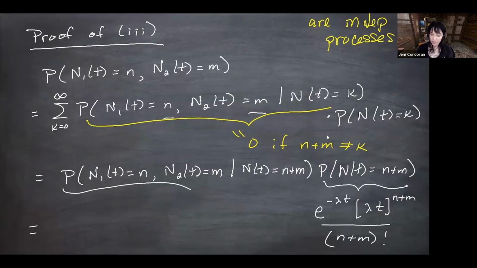And the rest of it: the events are arriving in our Poisson process N(t), and with probability p you are type 1, with probability 1 minus p you are type 2. So if you call type 1 success and type 2 failure, we're really trying to count n successes in a total of n plus m trials.